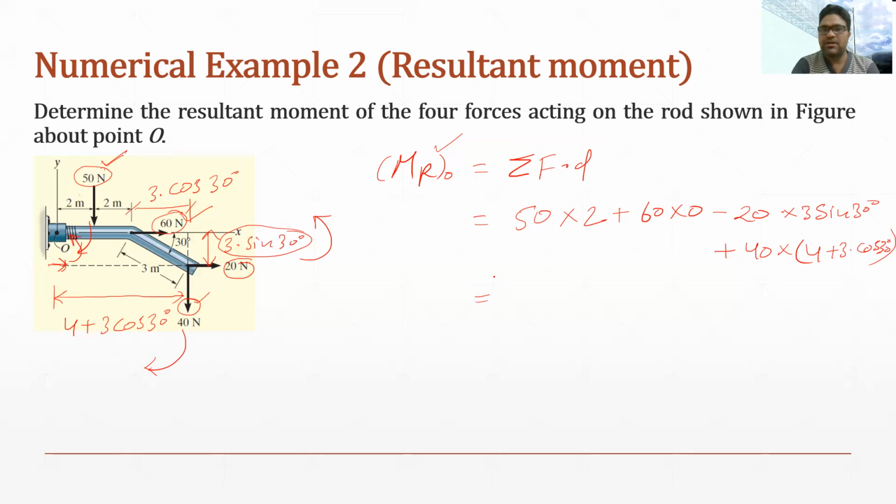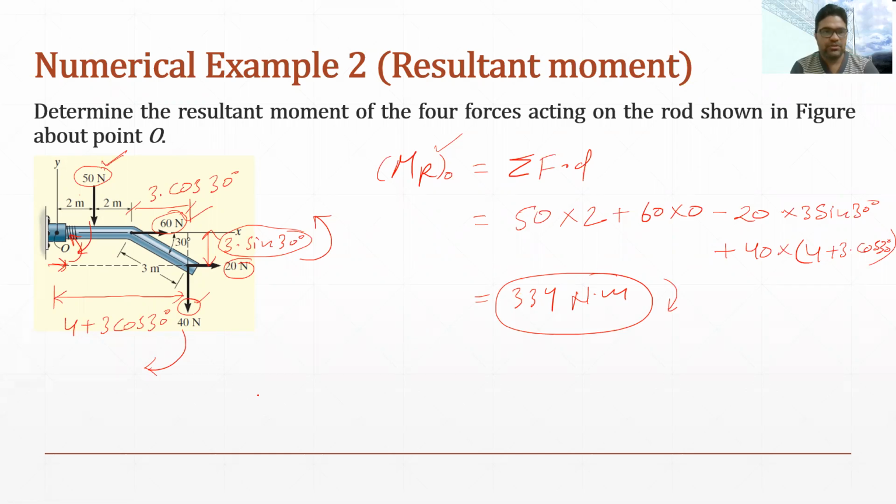So now we will calculate it, and the resultant of this force would be 334 Newton meter. You can see the value is positive. Positive means the resultant moment would be clockwise.